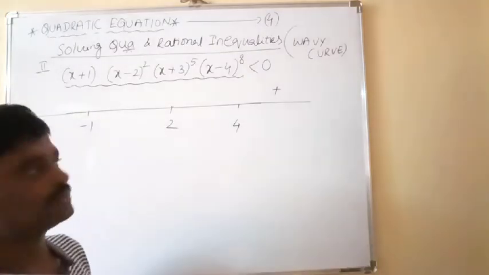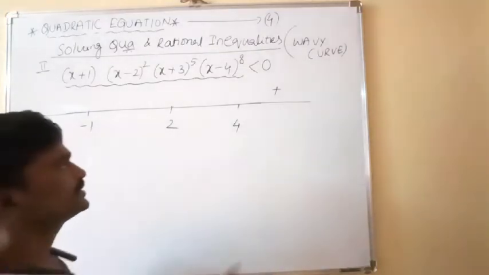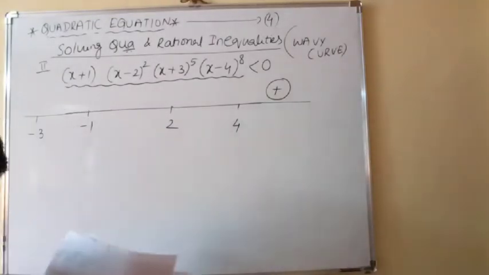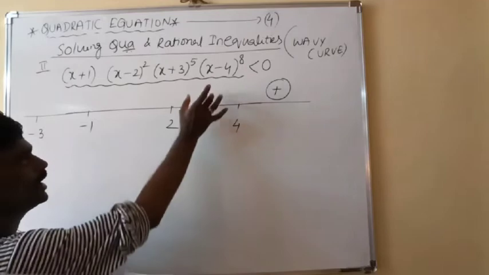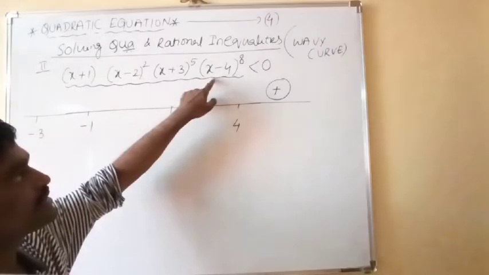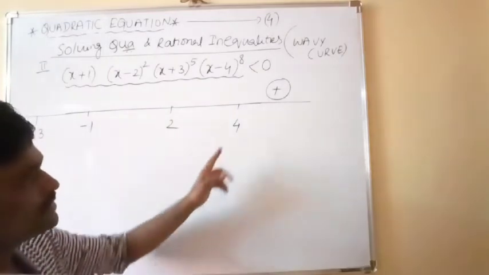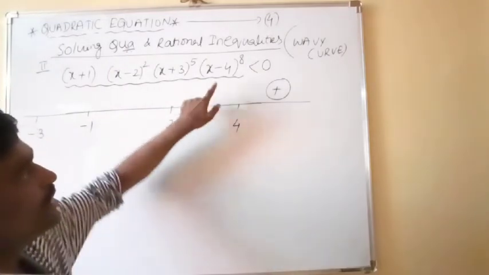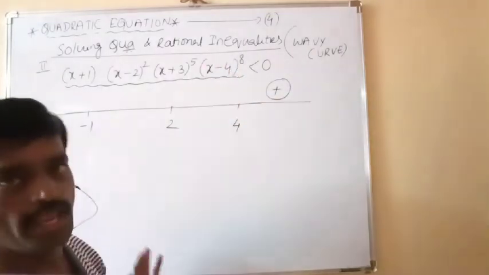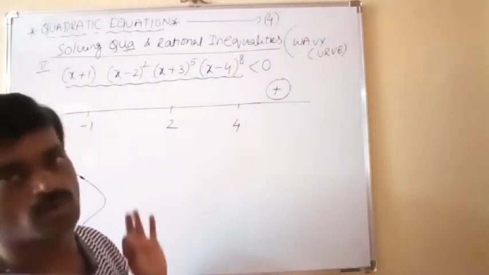So how to write the signs? As usual, after the greatest root you keep a positive sign. Now in this interval we have to keep a positive or negative sign, depending on (x minus 4) whole power. Because here 4 is a root, because of which factor? x minus 4. Whole power, how much is there? 8. Is 8 an even number or odd number?